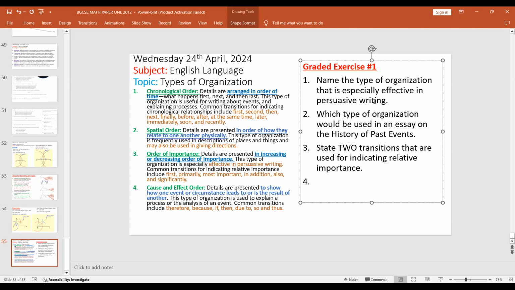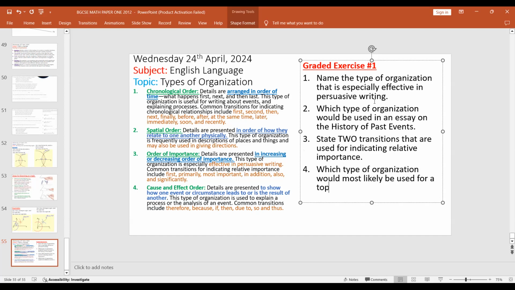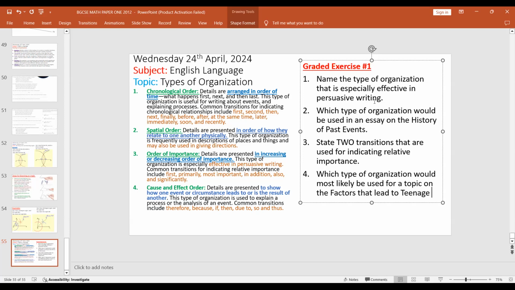And finally, which type of organization would most likely be used for a topic on factors that lead to teenage pregnancy.